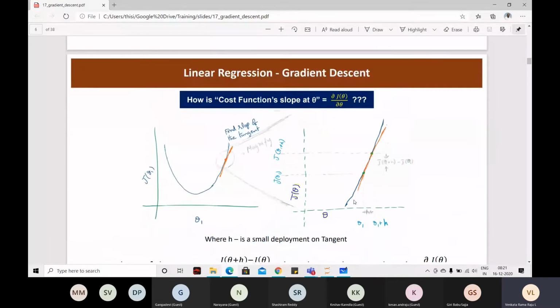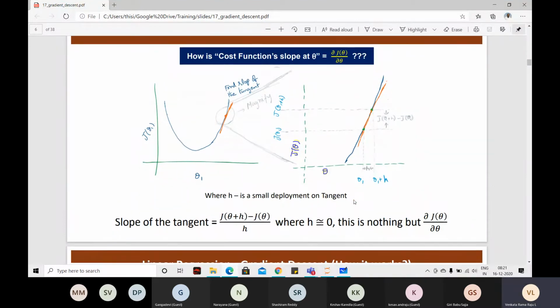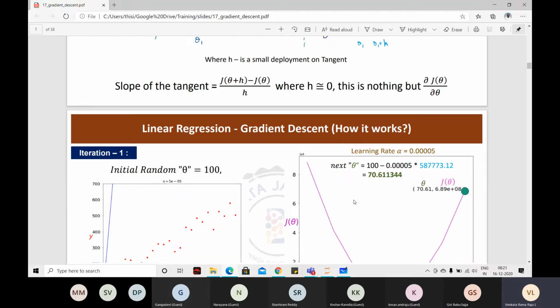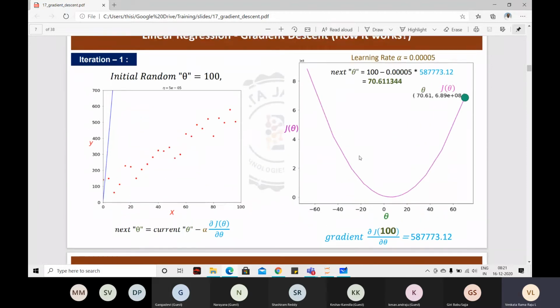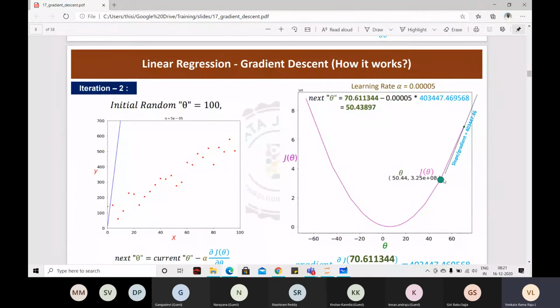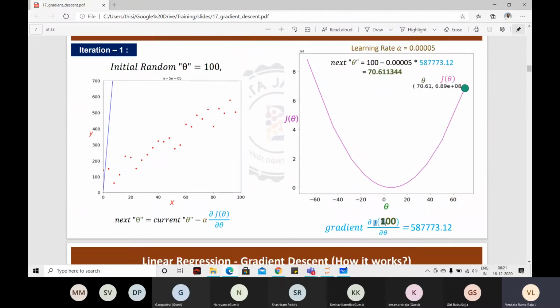I said that the slope of the tangent is the derivative of the cost function. How? We need to understand. This is the slope of the tangent at the given theta, which is nothing but the cost function derivative at a given theta.